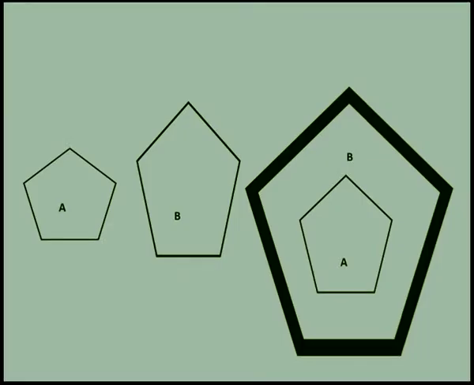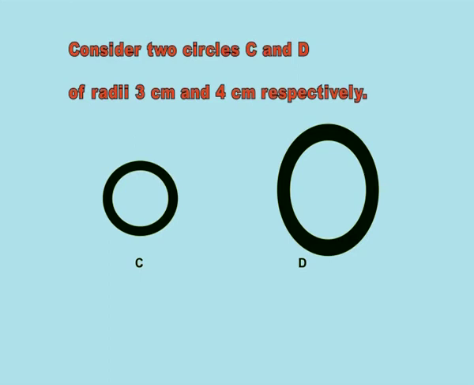Now, we will see about comparison of areas. When the given surfaces are of the same shape, we compare them by placing one over the other. Given below are two pentagons A and B. By placing them one over the other, we find that B is larger than A. Thus, we can say that the area of B is larger than that of A. Consider two circles C and D of radii 3 cm and 4 cm respectively.